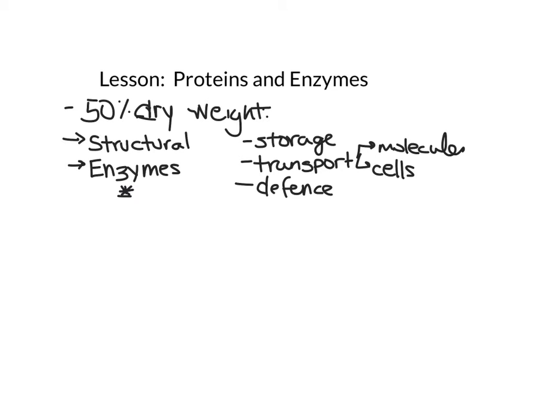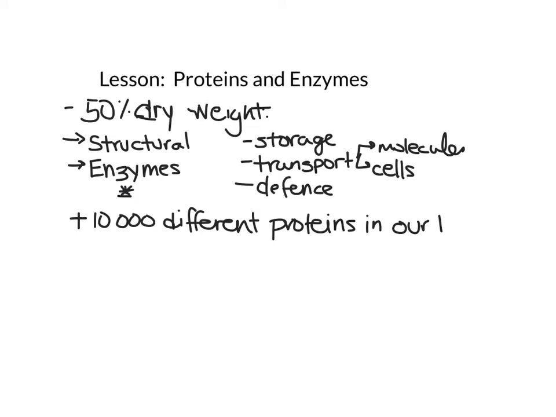We have approximately, well, there's tens of thousands, so I'm just going to say plus 10,000 different proteins in our bodies. Okay? We're talking humans, not all the other organisms that also have proteins and enzymes, but just the human aspect of it.